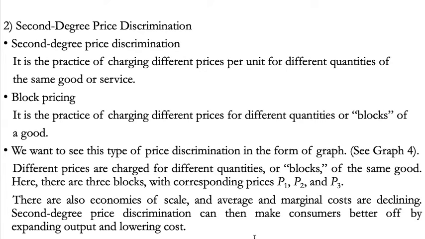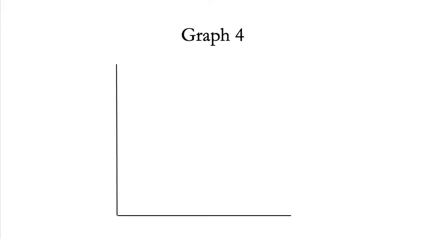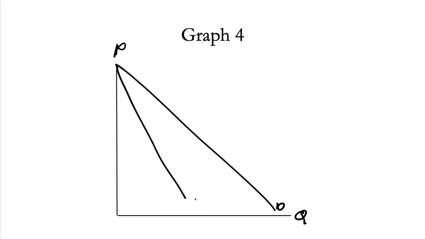Now we can explain this in the form of graph. Let's draw the graph first. So in graph 4 here, as usual, on the vertical axis is price, and on the horizontal axis is Q. A demand curve as usual down sloping, and you have the marginal revenue curve.